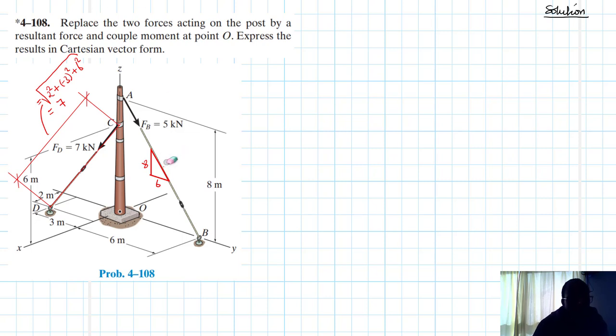Great, so that is enough for me. So with that information, I can go ahead and use the scalar, which I will later on convert into vector expression. So let's write down the components. The force here will have a component in this direction, a component in this direction, and another one there down like so.